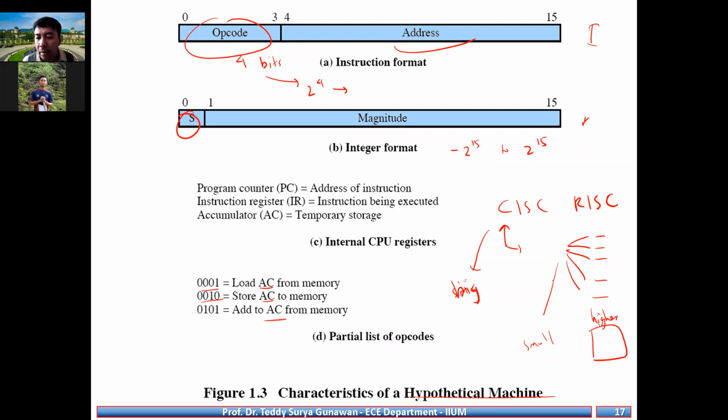At the end, sometimes it will be faster, and also it is not power hungry, so you have longer battery life if you are using RISC. That's why smartphone processors use the ARM type or RISC type CPU.